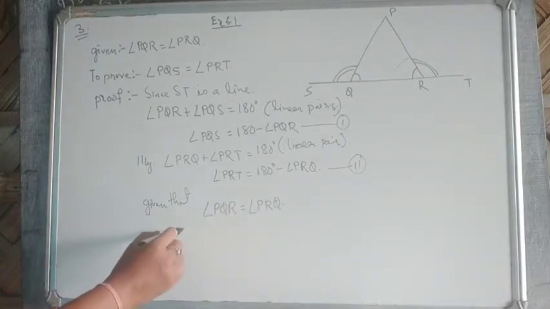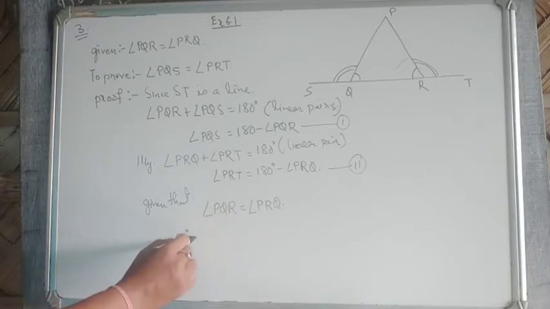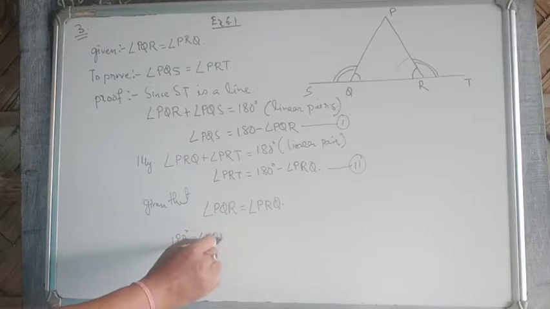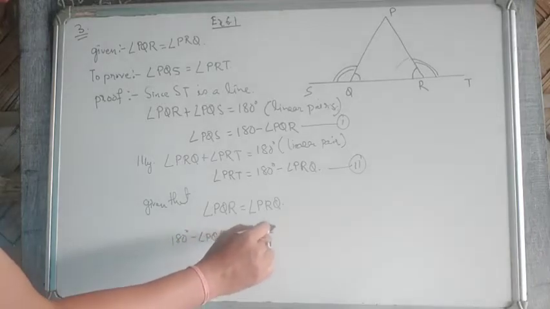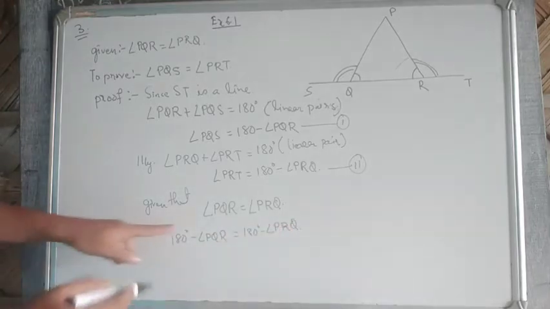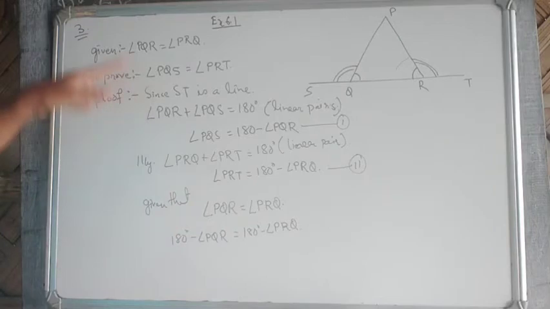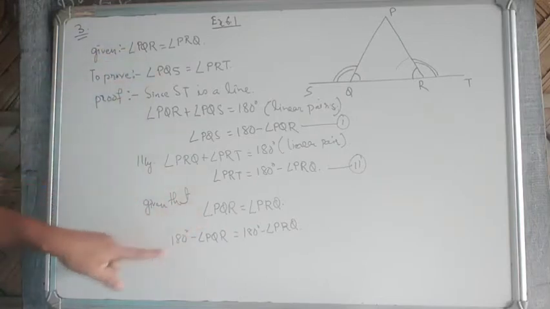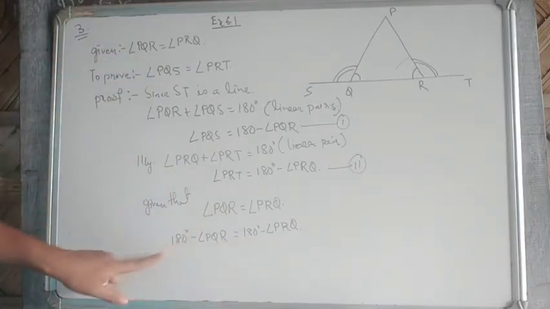So we'll write both sides 180 minus. We can do it that way. So here we will do 180 minus angle PQR, and same here also we'll do 180 minus angle PRQ. So both are equal, we have been given, and we did 180 minus on both sides.